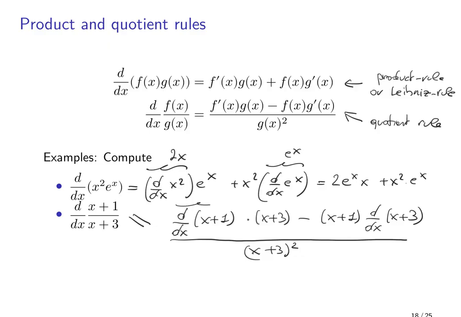Now if you look at the simple derivatives on the right hand side, d/dx of x plus 1 is just 1, and same thing for d/dx of x plus 3. So if you simplify a little bit, you get x plus 3 minus x plus 1. That gives you 2, and then you have the denominator x plus 3 squared.